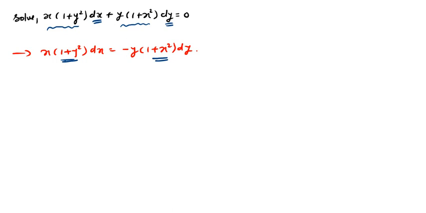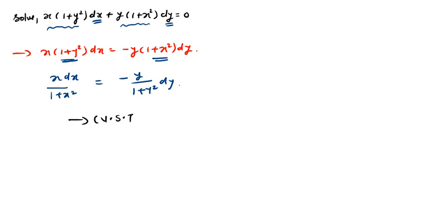So this will be x dx, and take this 1 plus x square to the left side, so it will be 1 upon 1 plus x square. And this will be minus y upon 1 plus y square into dy. Now this is our differential equation in variable separable form.